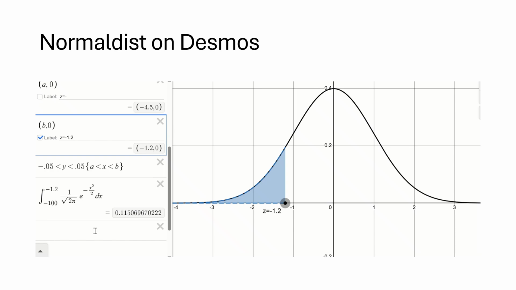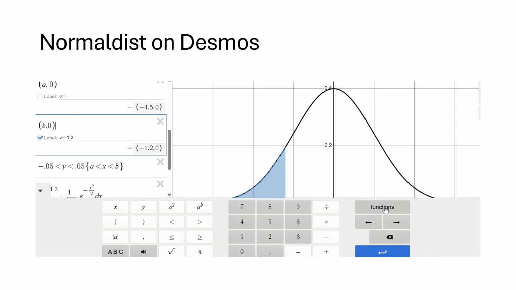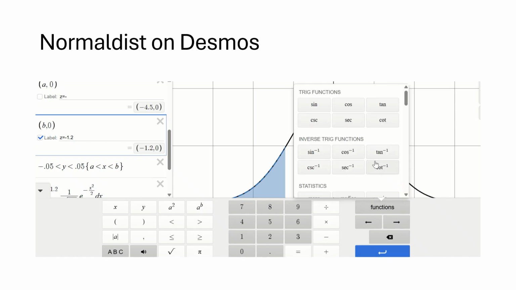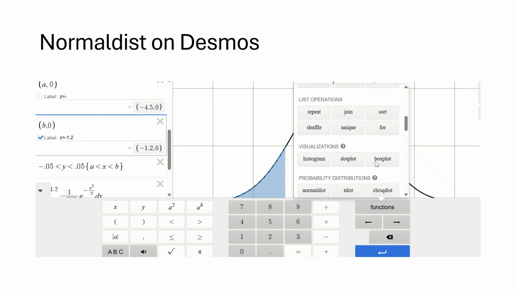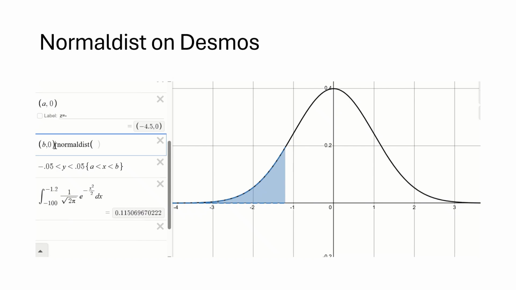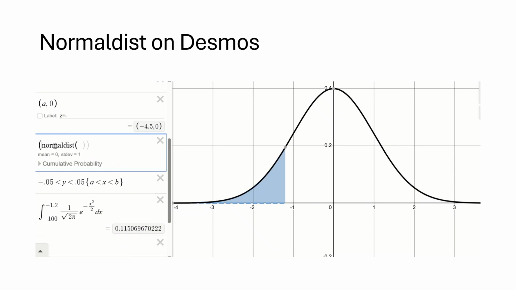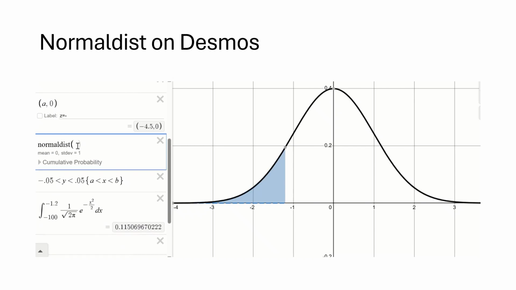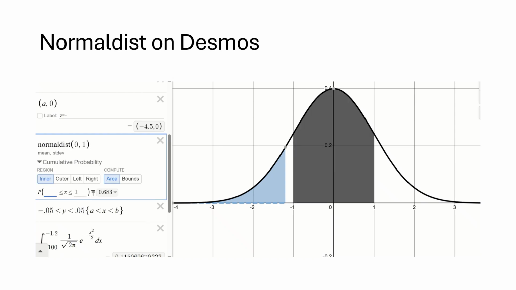But I wanted to show you that you can also find this on Desmos. So you're going to pull up this keyboard and go to Functions, Normal Distribution. So 0 and 1 to tell it that we're really dealing with z. And cumulative probability, you have to give it your lower and upper bounds.